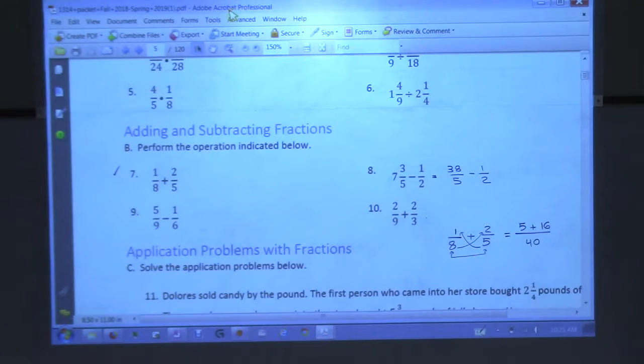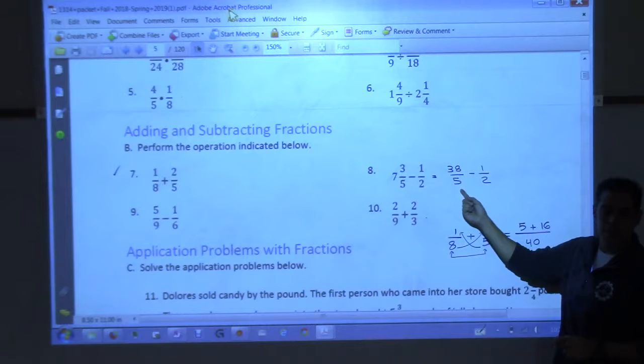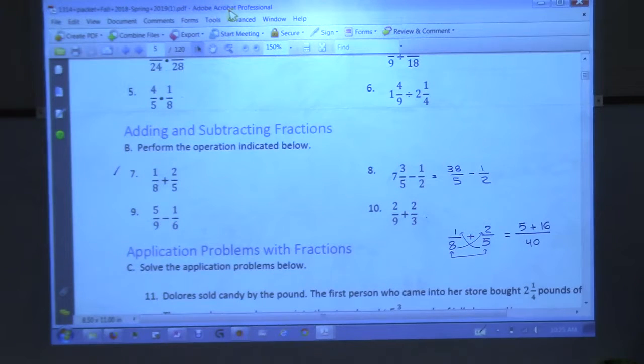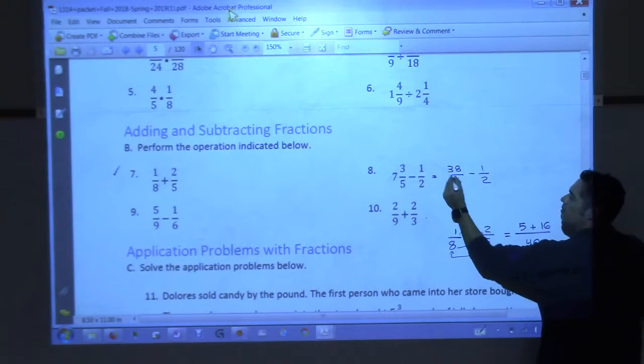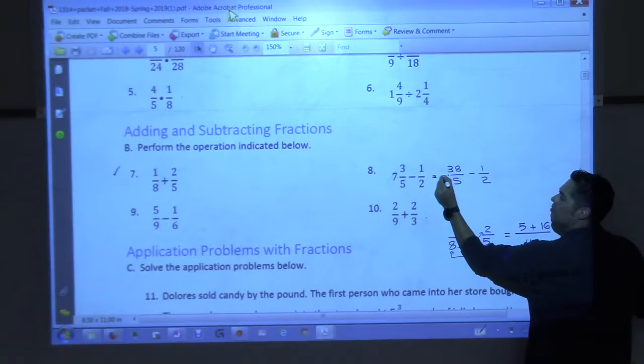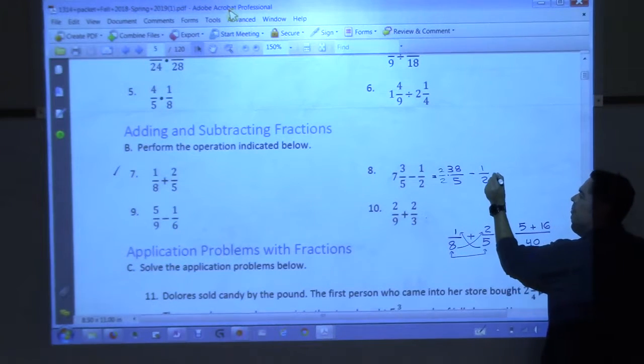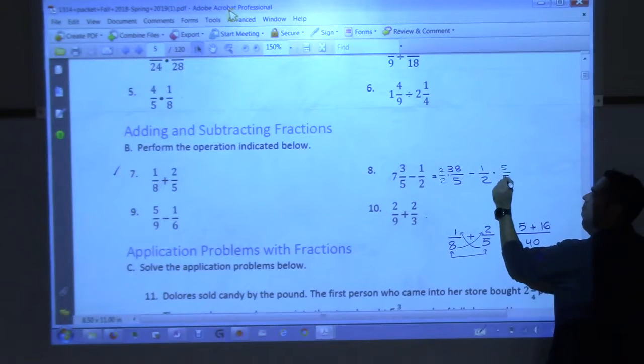So Savannah, we don't have the same denominator, do we? So can you at least help in determining what we could use as a common denominator? 10? Okay, so that means you're going to have to multiply the top and bottom of this fraction by what? 2. 2 on top, 2 on bottom, and then over here, 5 top and bottom?